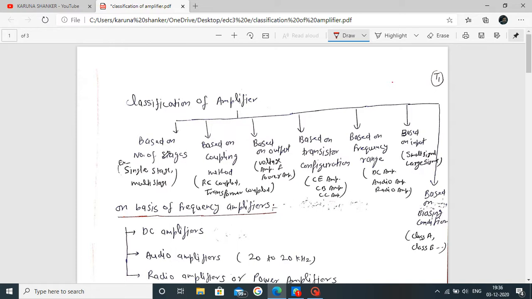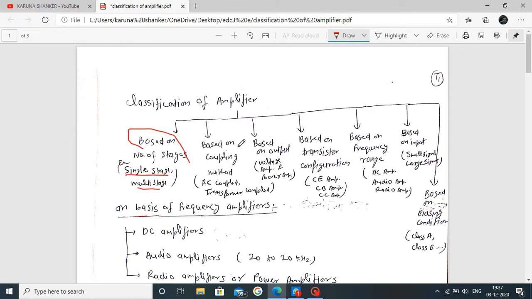Based on the number of stages used, we have already seen the single-stage amplifier, the two-stage amplifier, and the multi-stage amplifier. On this basis, we describe the classification of amplifiers.